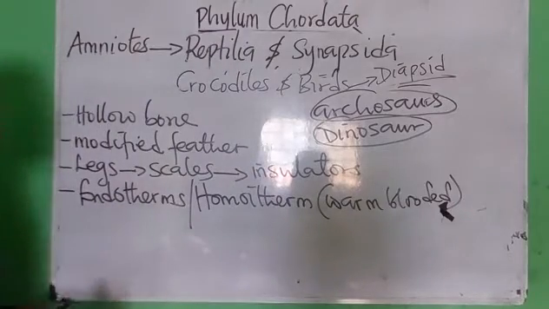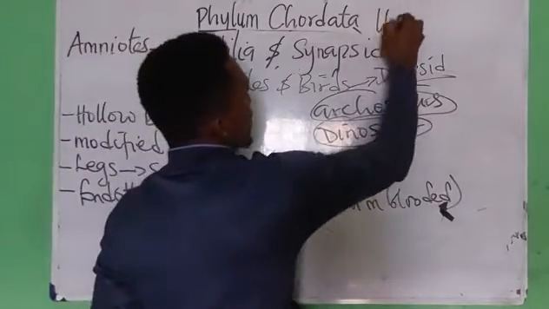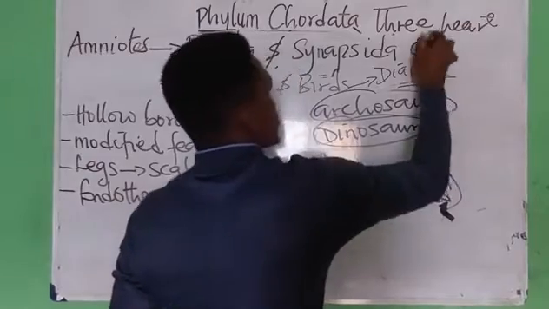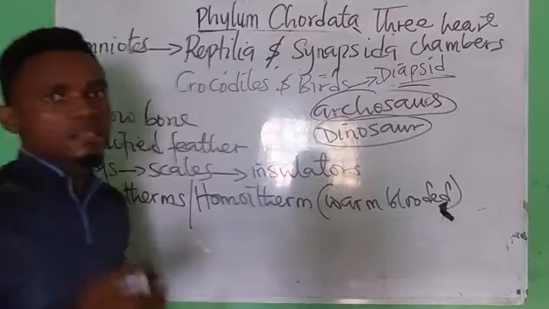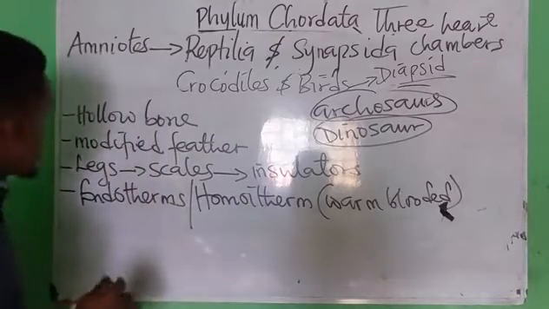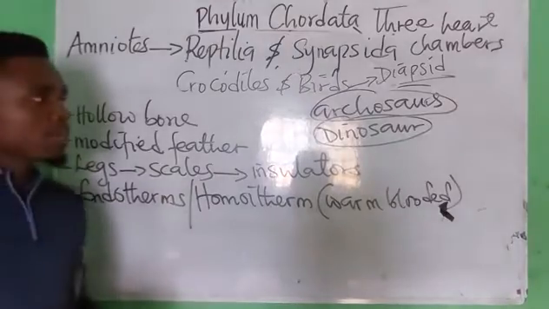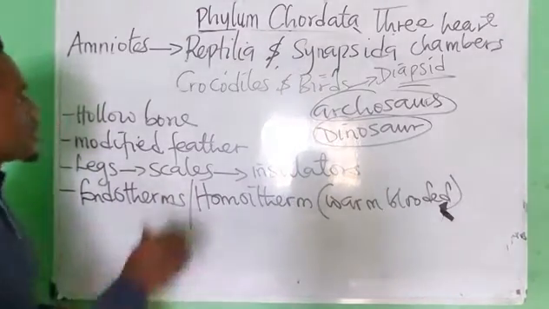All amphibians have three heart chambers. Please take note of that. The same thing is applicable to reptiles. Reptiles have three heart chambers, except the crocodiles.